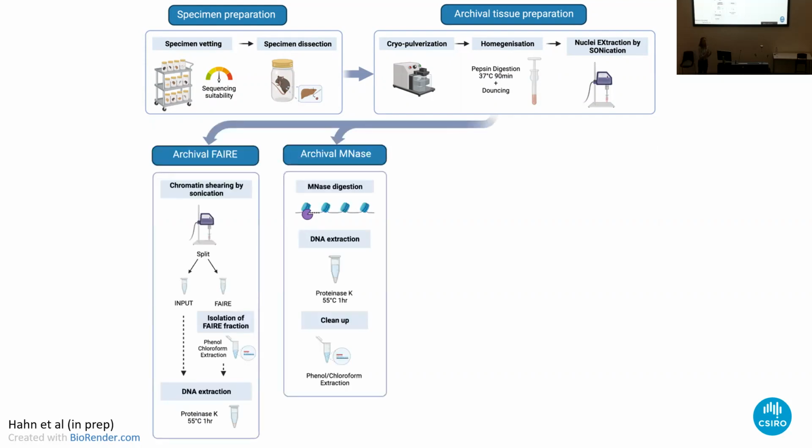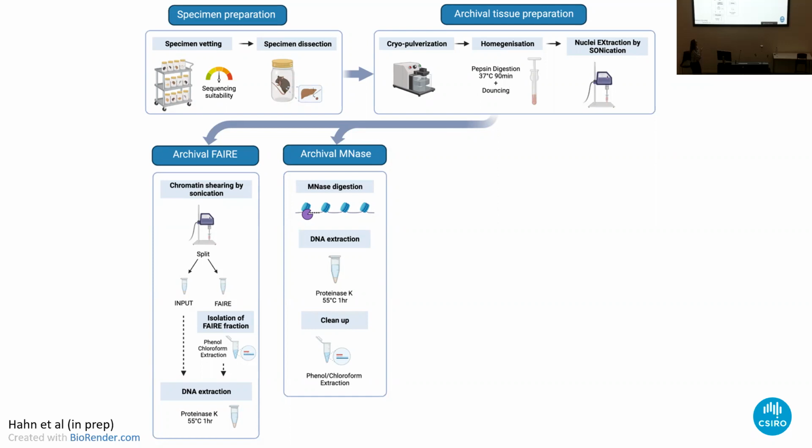But once we started focusing on the assays themselves, there were two different parts we needed to optimize with the two assays. For FAIRE, optimization focused primarily on the shearing conditions we put it through in order to chop up the DNA. It's counterintuitive to think that you need to chop up fragmented DNA, but we found that we needed to do that in order to get any DNA out of it at all.